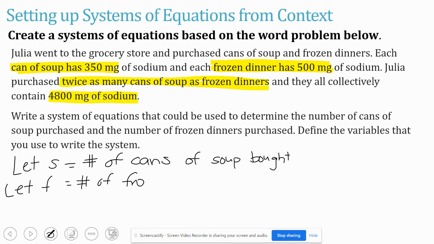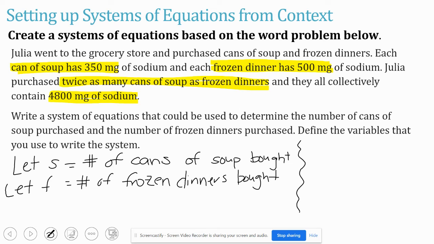And you can use any variables here. It doesn't need to be S and F. You can use X and Y, but I like to use the letters so we know exactly which ones we're talking about.